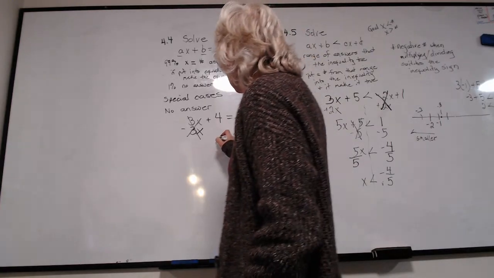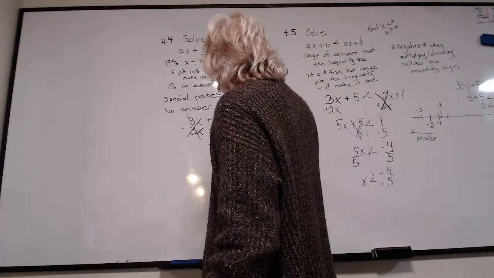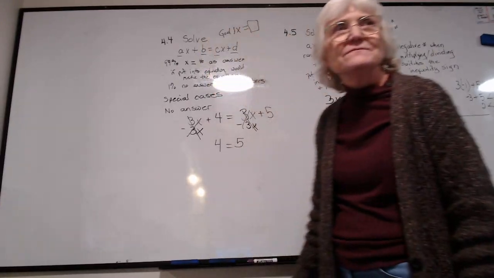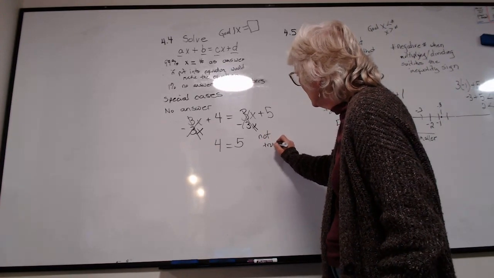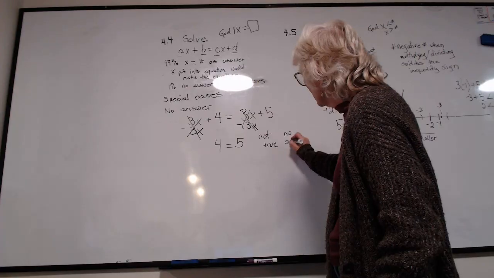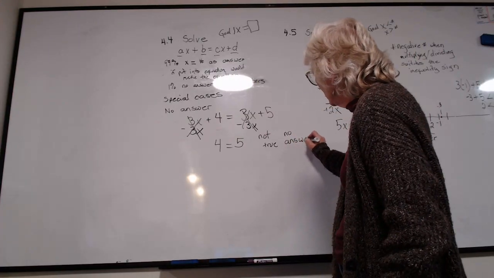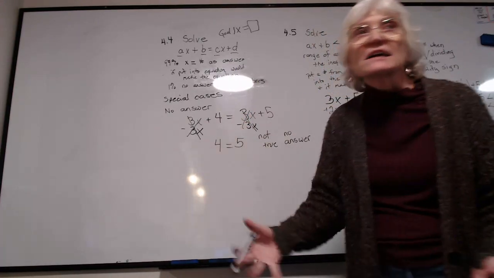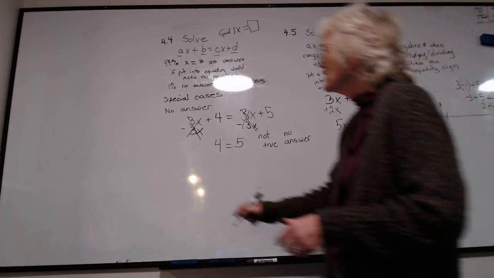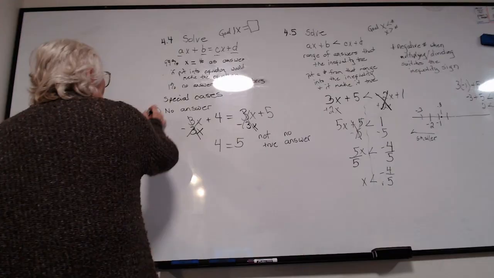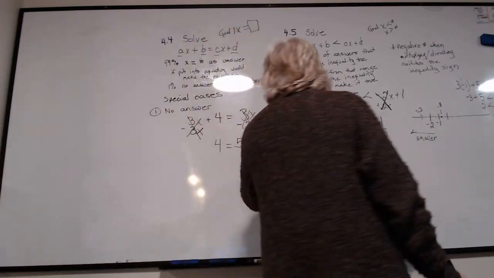I get a statement that says 4 is equal to 5, is that true? No. Not true, no answer. Means I can't find an x that works. Okay. That's the first special case. When they're not true, there's no answer.